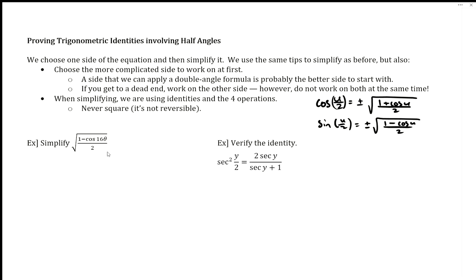When using these styles of formulas, notice that in this first one, simplify, we see a big square root. The only trig formula that has a big square root in it is a half angle, so that one we can break down pretty fast. No other trig identity has a big old square root in it.